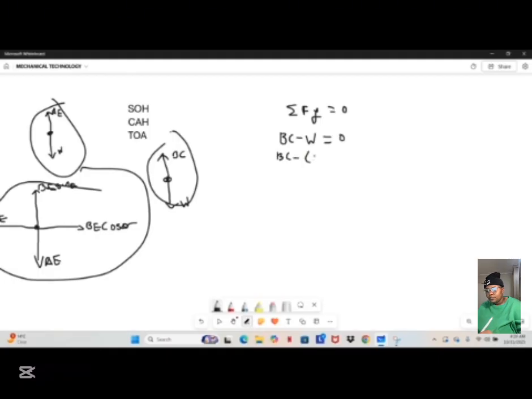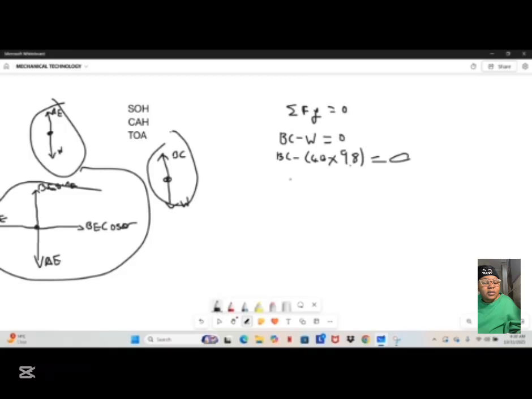So those forces are equal. We already found the BC. It's equal to, let's calculate, 40 multiplied by 9.8, which will give us 392. Let me check if I'm not mistaken. 392.